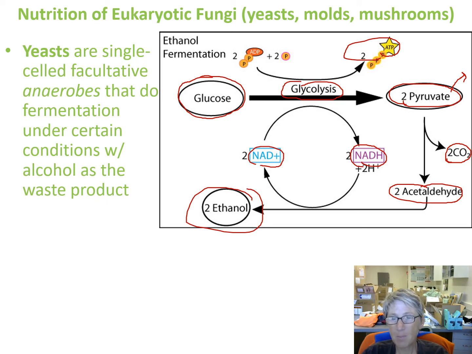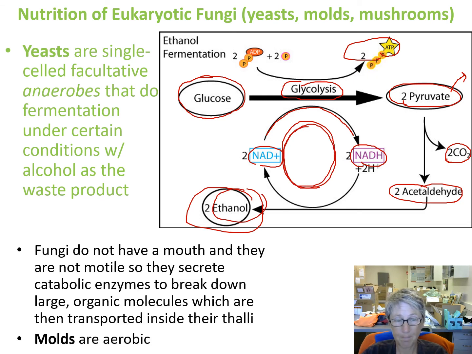And then the NAD plus can go back into glycolysis, pick up some more electrons, come back into fermentation, and you can keep this cycle going for a long time, and you don't need oxygen, and you can make a lot of ethanol, which is what yeast do.